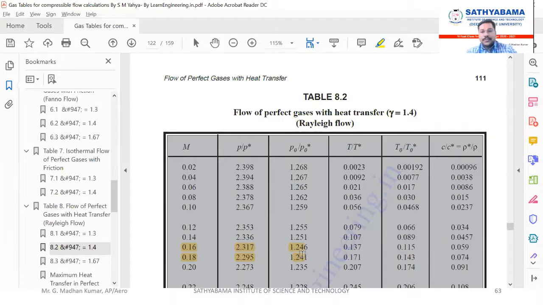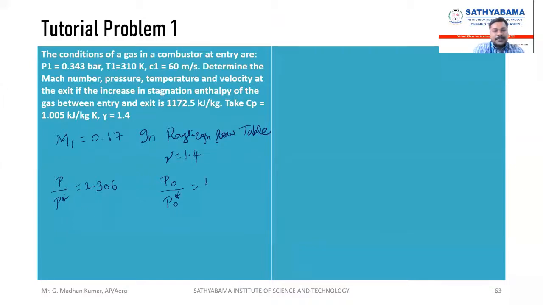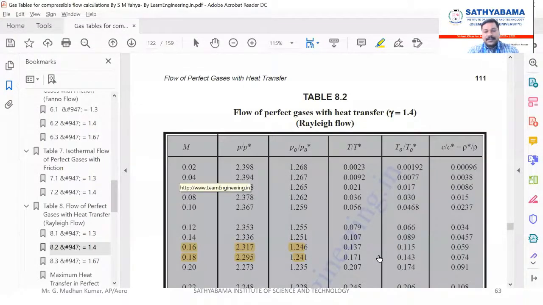It was 1.2485. Okay. And similarly, for T by T star, 0.137 plus 0.171. Average values. What is the average value?